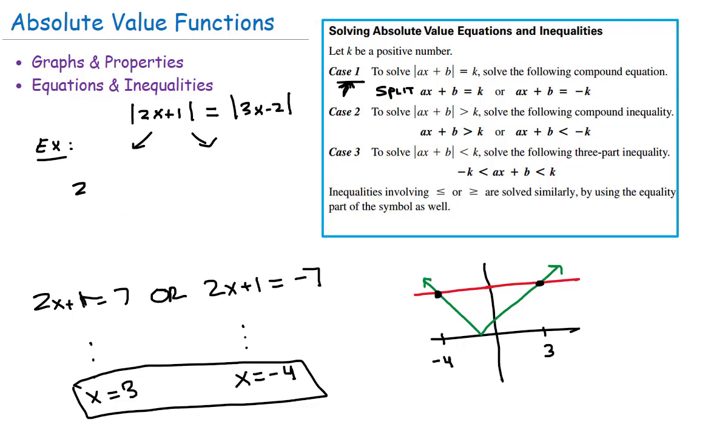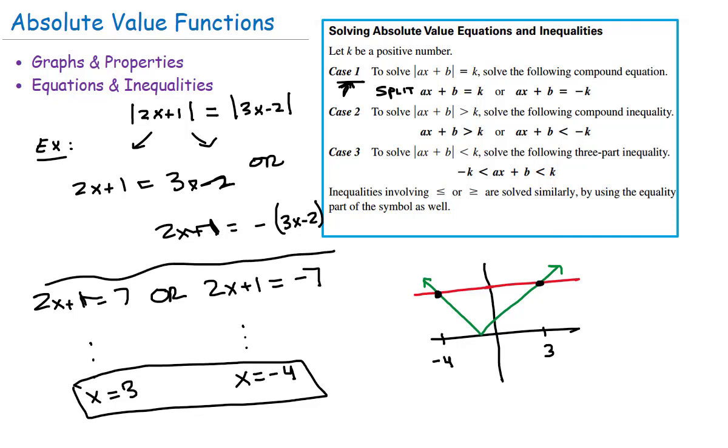You would put 2x plus 1 could have been equal to the positive 3x minus 2 quantity, or for the splitting part, 2x plus 1 could have been equal to negative of that whole quantity. Really similar to what we wrote just below it with the negative 7. So same situation, case 1, it would work if you have two absolute value quantities equal to each other.